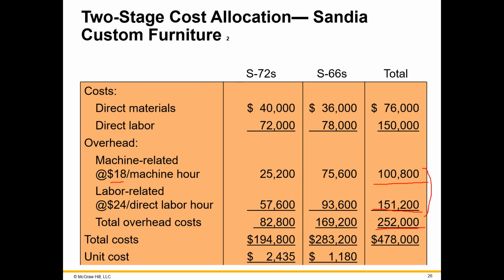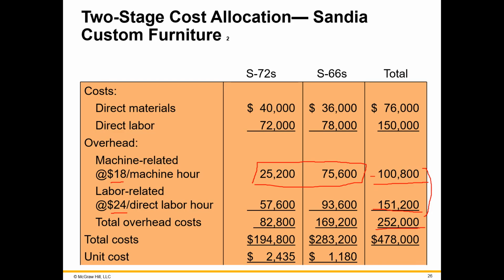So we do the math there, and we check our work at the end. We make sure that the amounts allocated to the individual product lines equals the total, and it looks like they do.